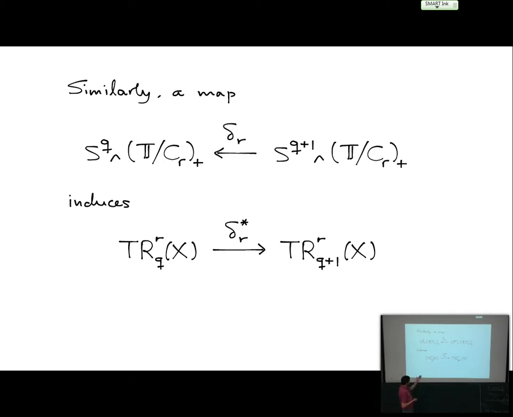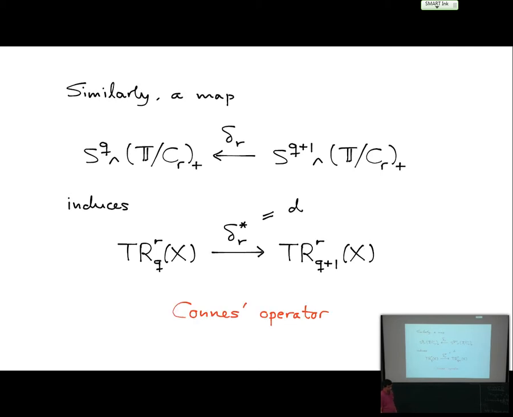And this induces a map that does not change the level, but it raises the degree by 1. And this is a topological manifestation of Connes' operator, which I will call lowercase d. So it's Connes' capital B operator.